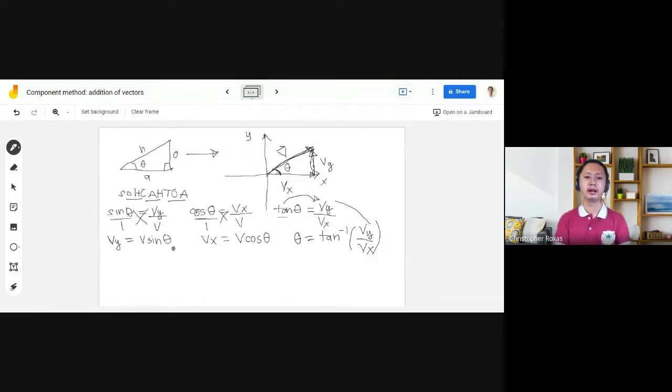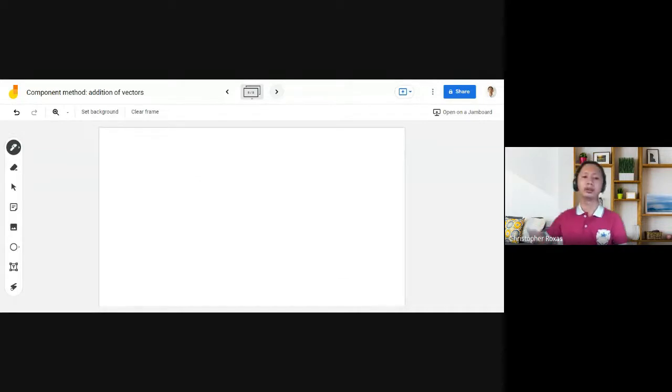So, let's have an example in which we will apply this method. So, in our module, in page 30, we have the problem in flash check. It says, find the resultant of the following vectors. So, you have the first vector, d1. Since this is displacement, we symbolize this as d1 is equal to 36 meter, 34 degrees.